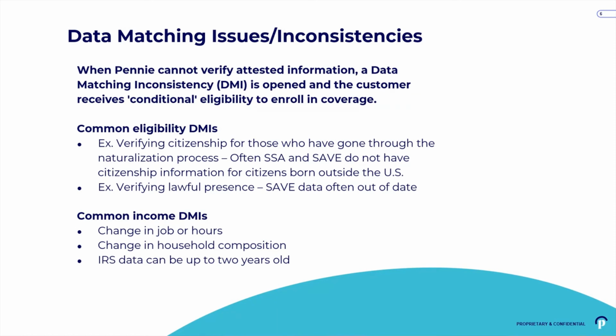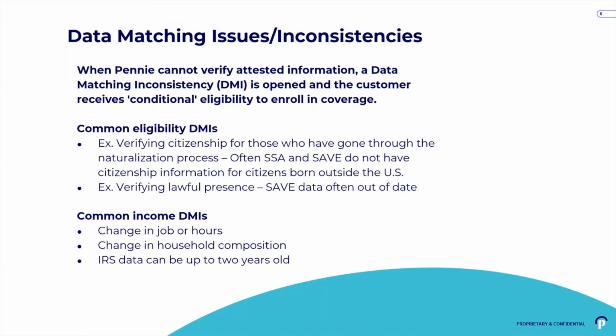Often, SSA and SAVE do not have citizenship information for citizens born outside of the United States. Another example is verifying that an individual is lawfully present. SAVE data often is out of date.